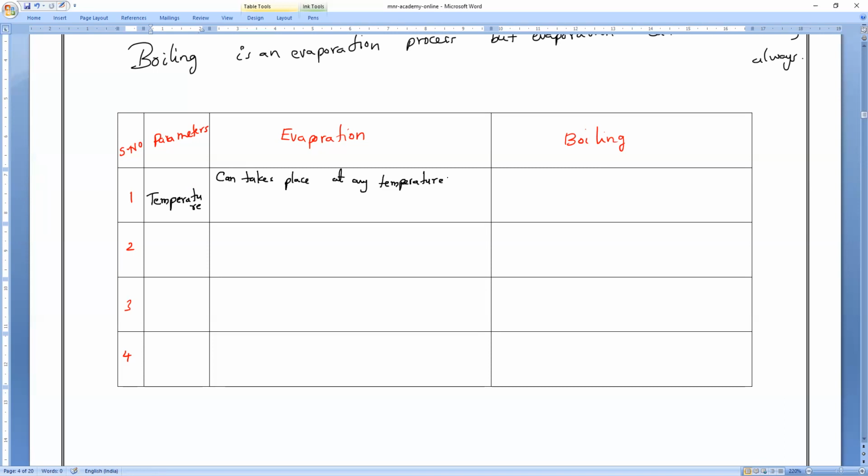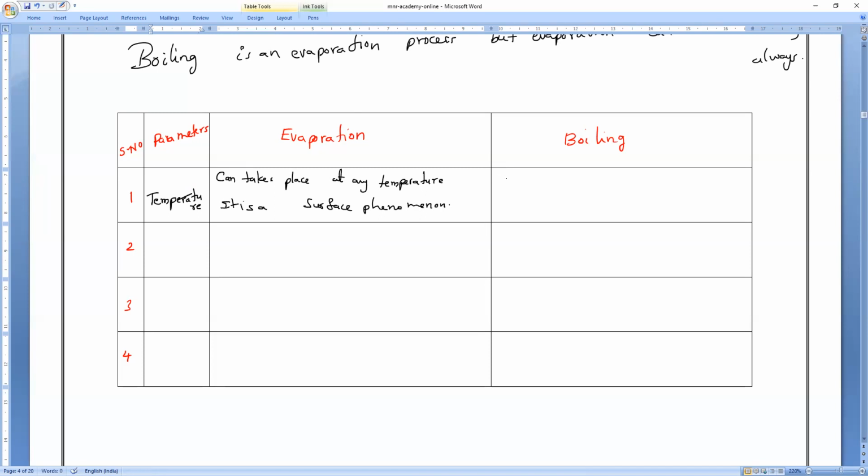And is evaporation a surface phenomenon or throughout the liquid? Surface phenomenon. Next, boiling is a process which takes place at what? Only at a constant temperature.